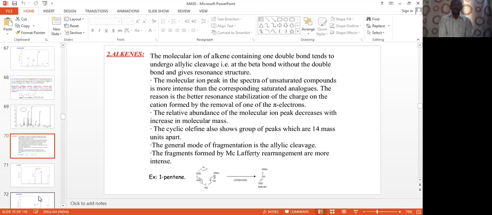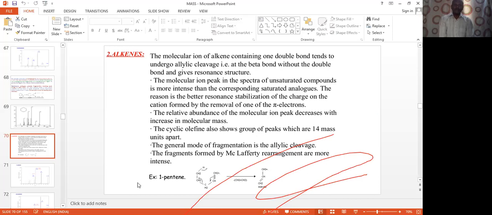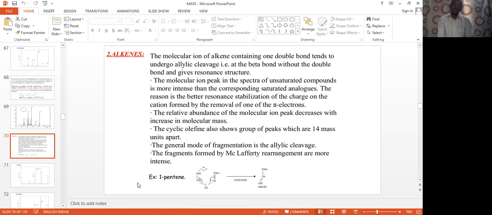And the next one is the cleavage. Generally it will be allylic cleavage, because the allylic cation is more stable, since it can be resonance stabilized.